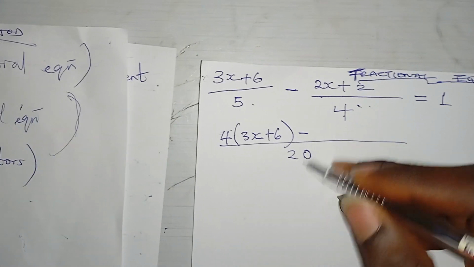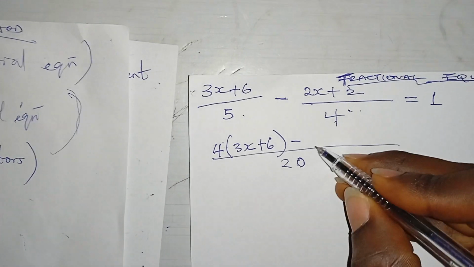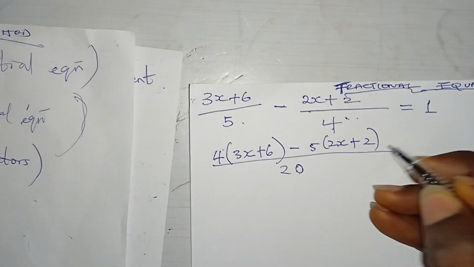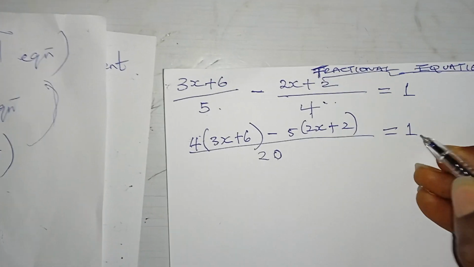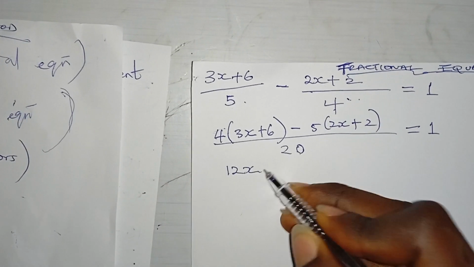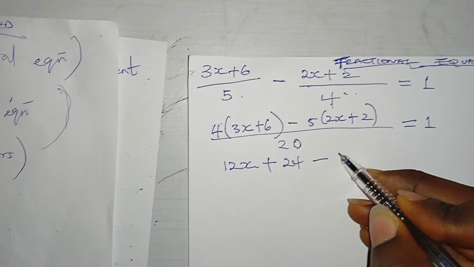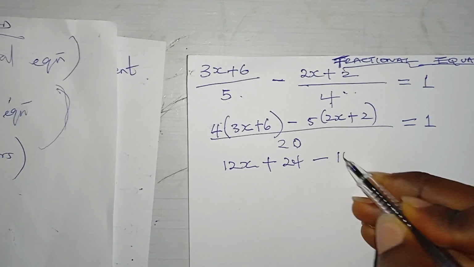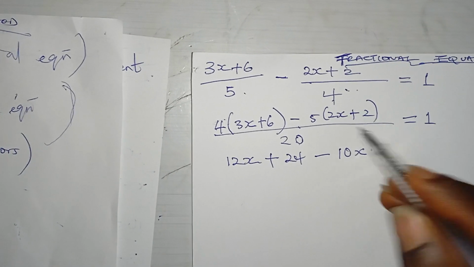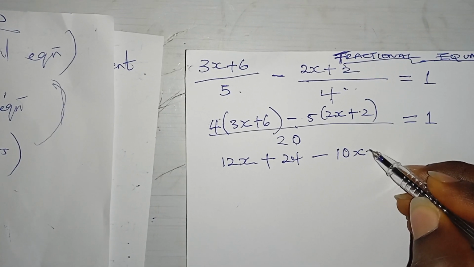Minus 20. If 20 comes up here and 4 divides it, I'll have 5 into everything here equals 1. So when you multiply, this is 12x plus 24 minus 10x, minus 10, all over 20 equals 1. Multiplication is distributive, you can enter anywhere.